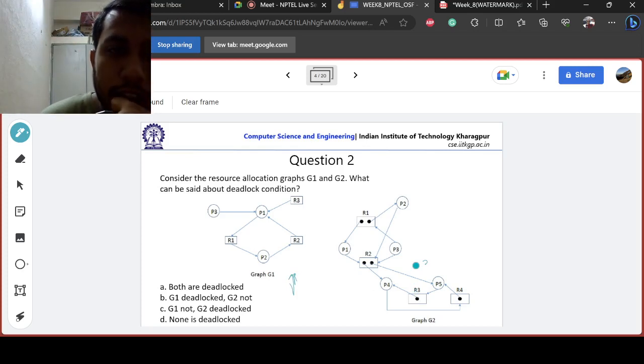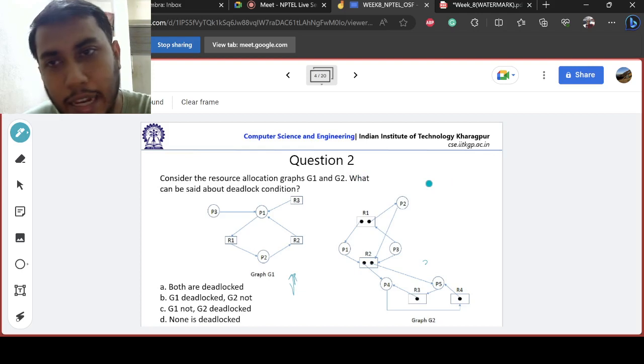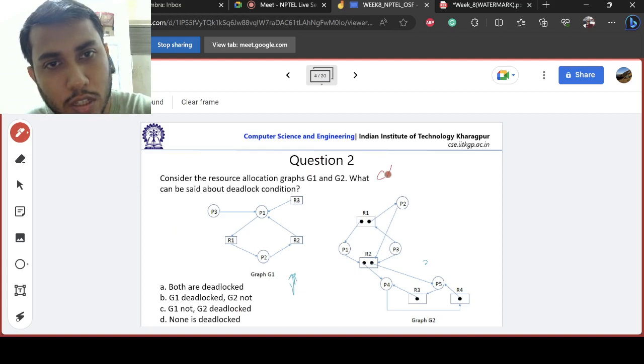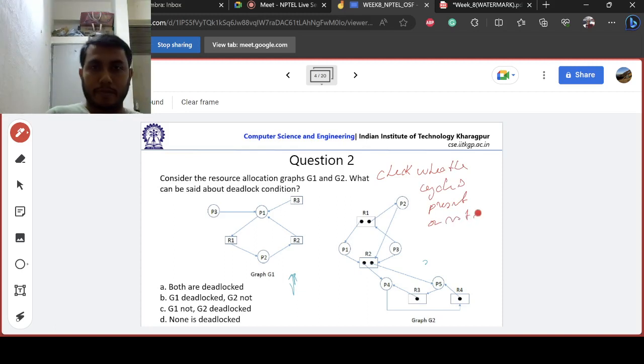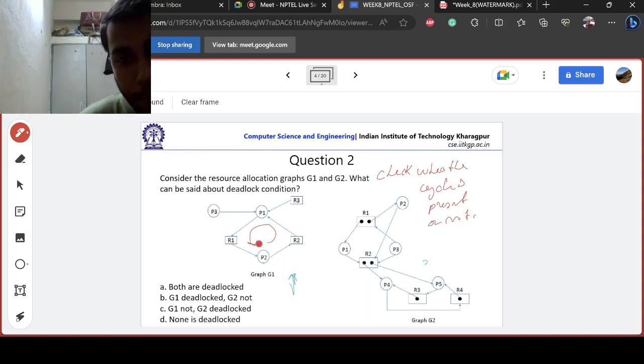In each case, we need to check whether a cycle is present or not. Now this graph has only one resource, and you see that a cycle exists. This R2, P1, R1, P2, a cycle exists.